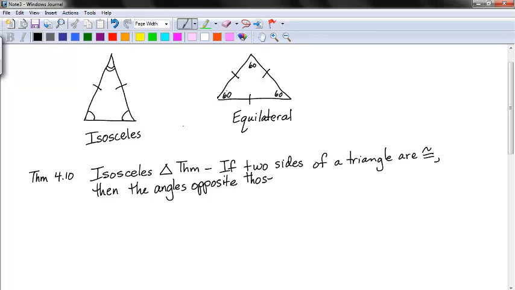Then the angles opposite those sides are congruent. Okay, and that is the isosceles triangle theorem.